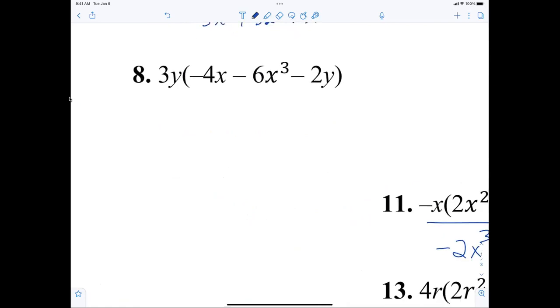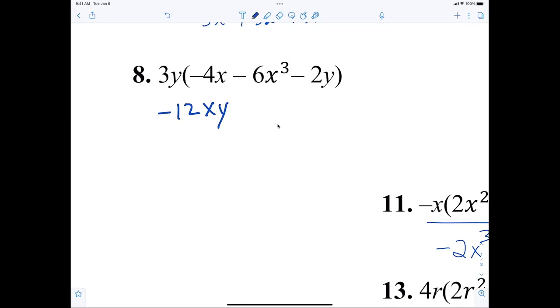James, come on, pay attention. Good. I'm sorry, James, that was coming up on my screen. So negative 12xy is what you said, right?